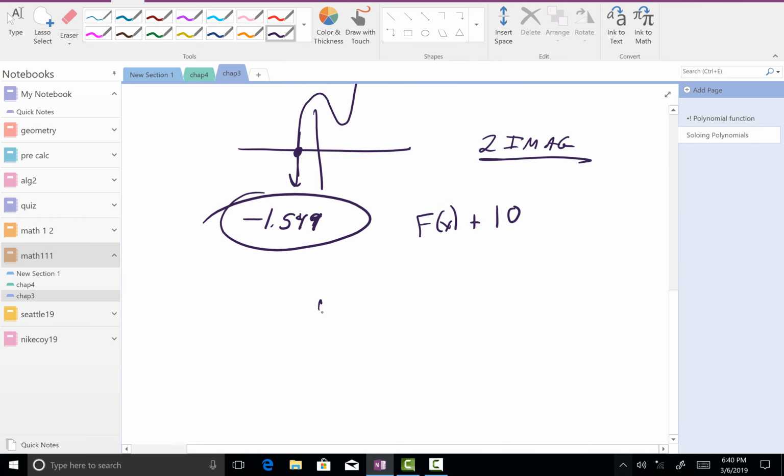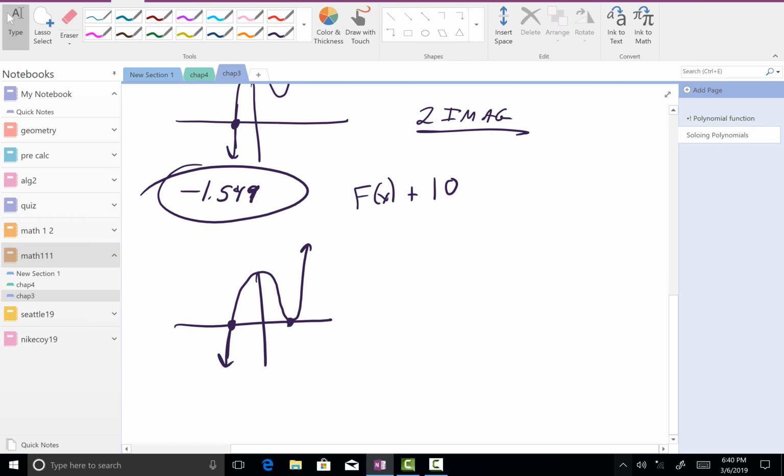I could actually bring this down, and I'm not exactly sure how much it would take, but I could have it so it looked like this, right? How many solutions does this have? It still has 3 solutions. How many x-intercepts? 2 x-intercepts.